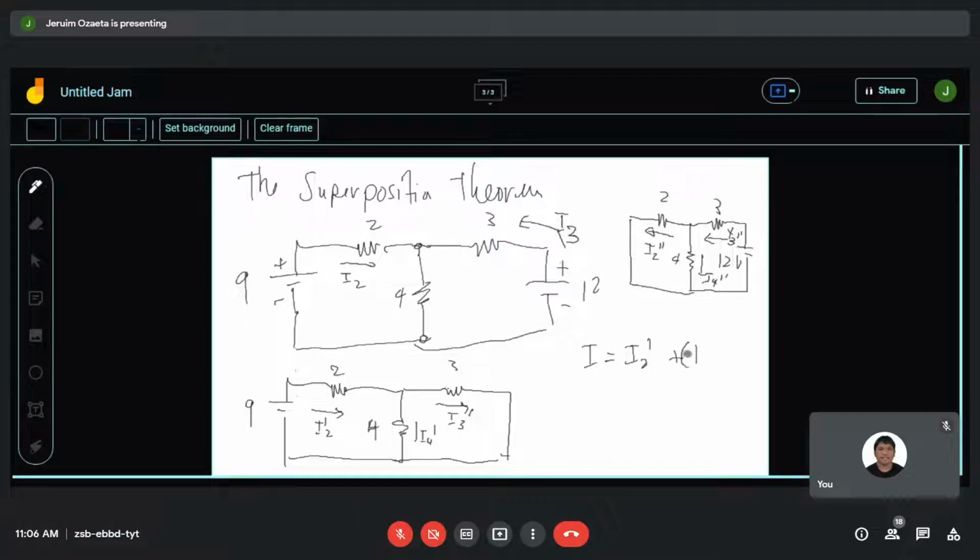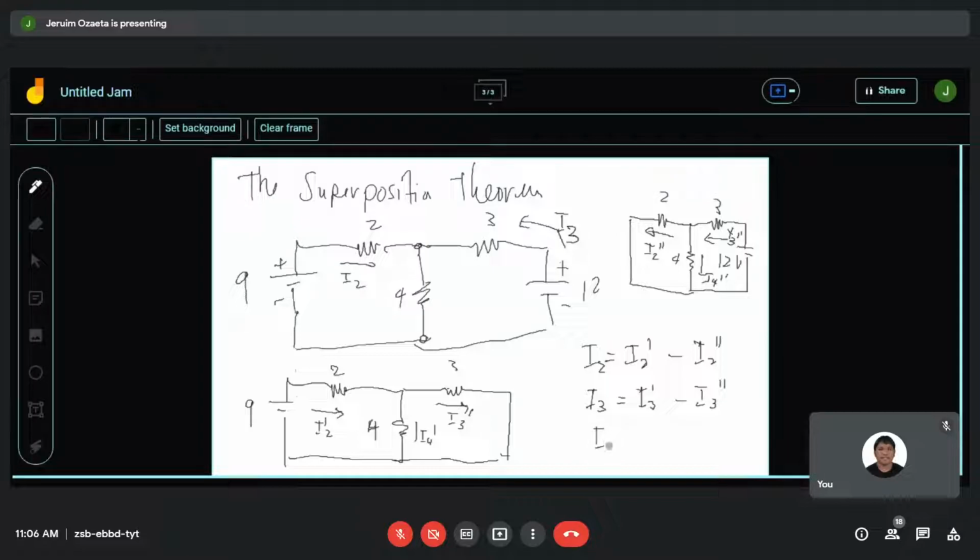So this is minus I sub 2 prime prime, kasi opposite. Ganon din mangyari niya. Okay. So I sub 2 prime minus I sub 2 prime prime, that is I sub 2. I sub 3 equals I sub 3 prime minus I sub 3 prime prime.